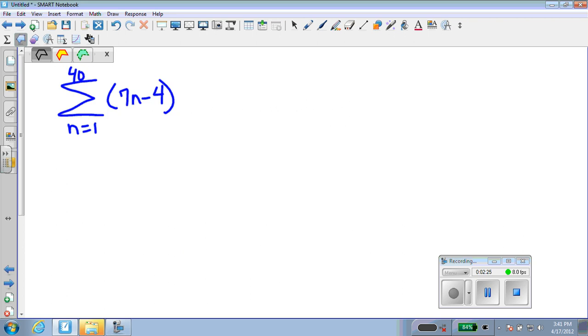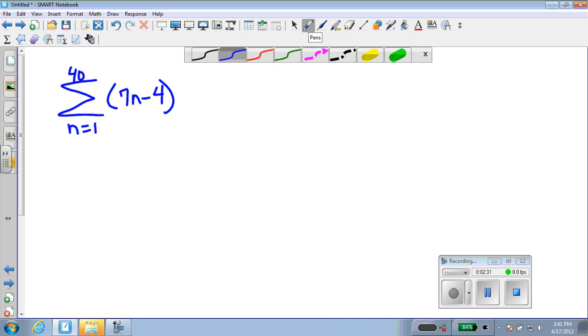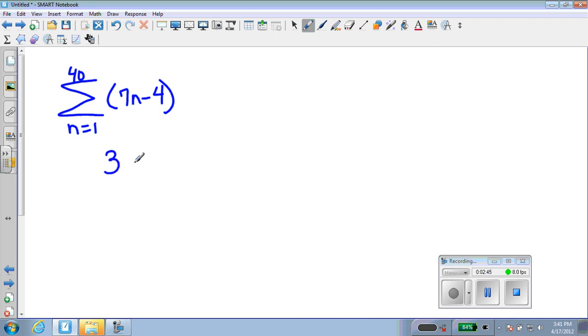So let's try that again. Let's try that for the sum of the terms of 7n minus 4 if we're looking at the terms from the first term through the 40th term. Well, the first term is 3, and the next term is 7 times 2, 14, minus 4, 10.